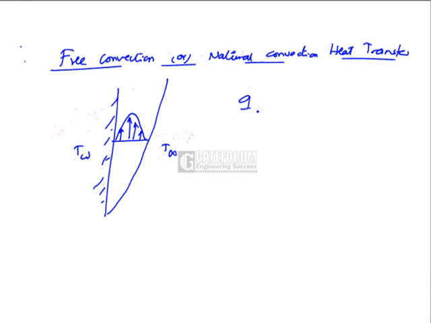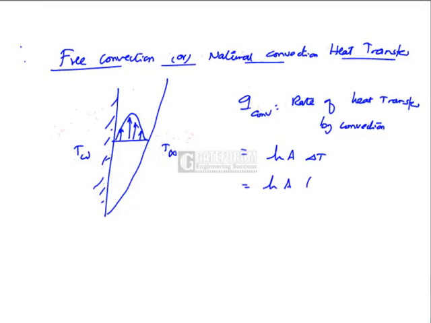The rate of heat transfer by convection is equal to HA delta T, HA (Tw minus T infinity) watts.